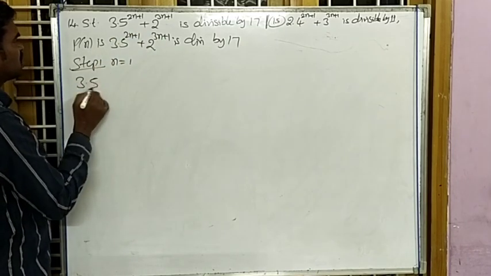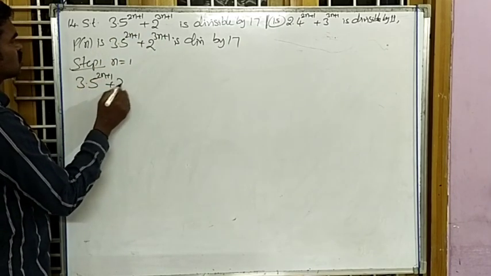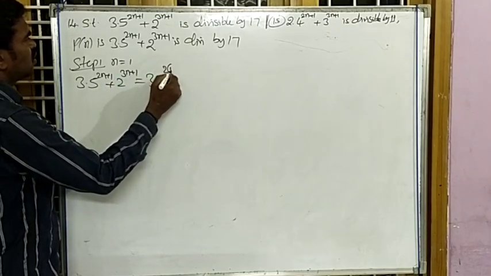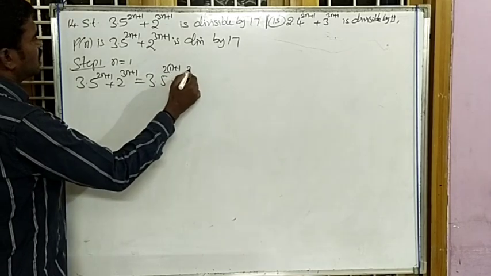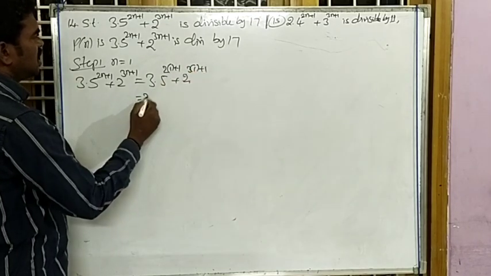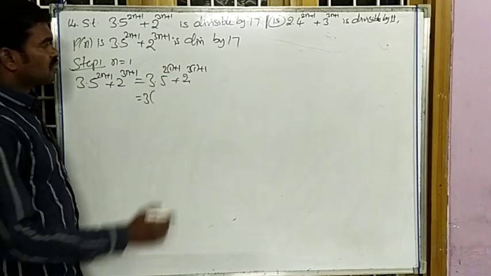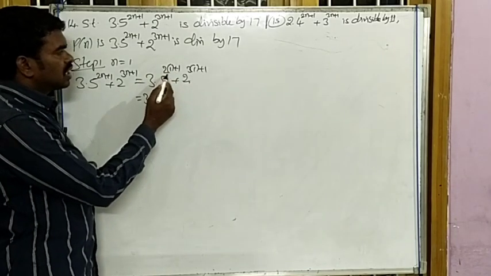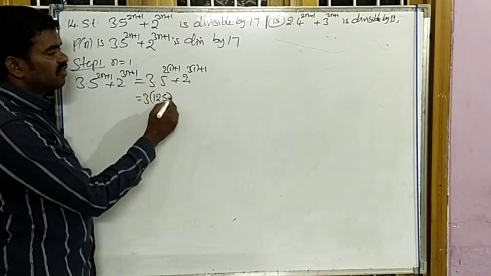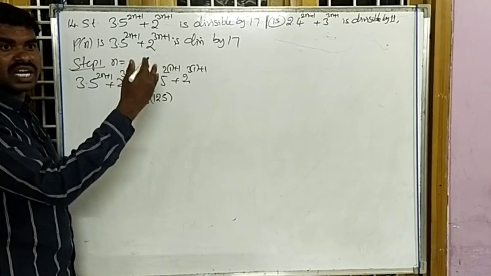The value is 3 into 5 power 2 into 1 plus 1, plus 2 power 3 into 1 plus 1, which is 3 into 5 power 3 plus 2 power 4. What is 5 power 3 value? Yes, 125. Very good. 5 power 3 means 5 into 5 into 5.